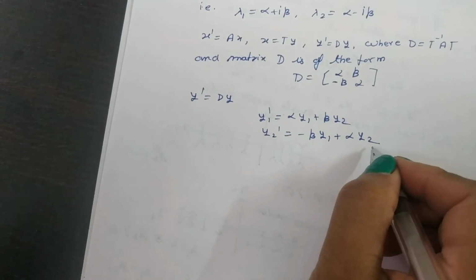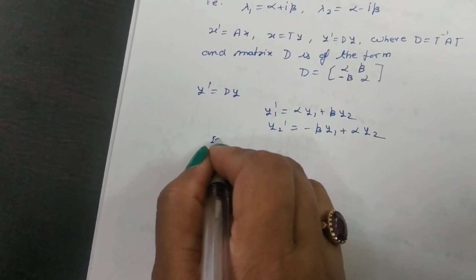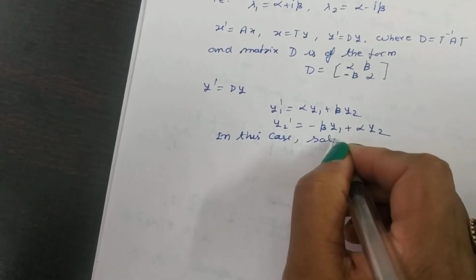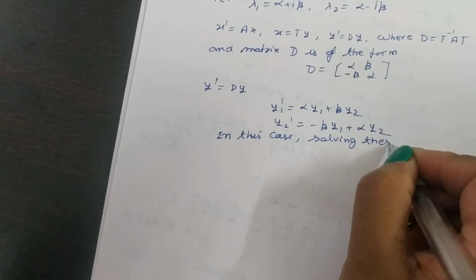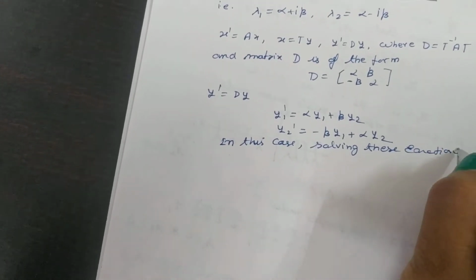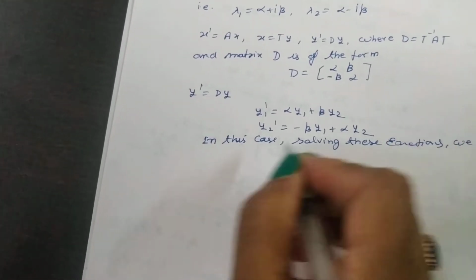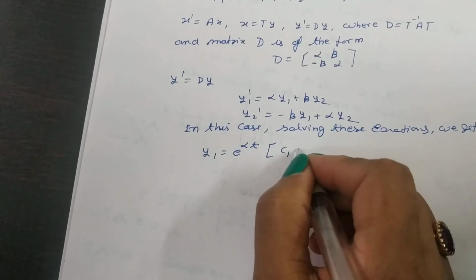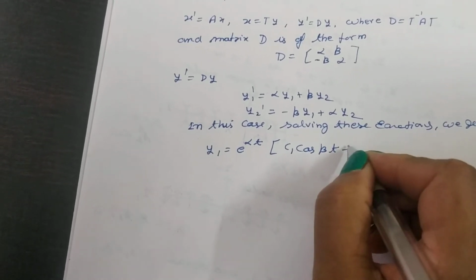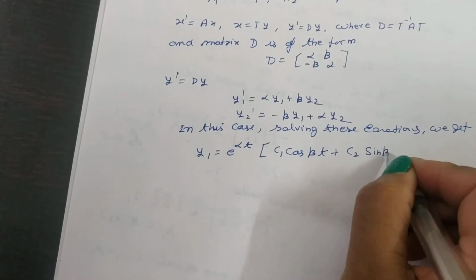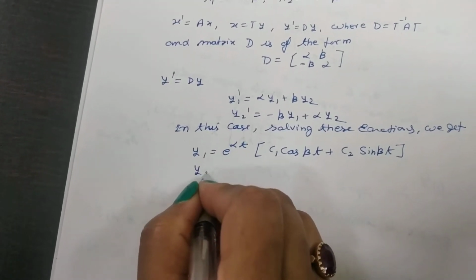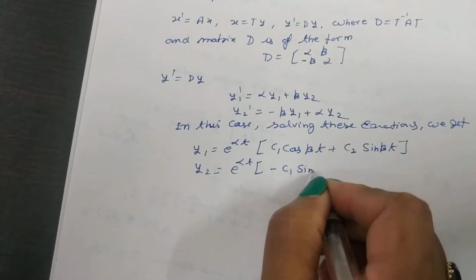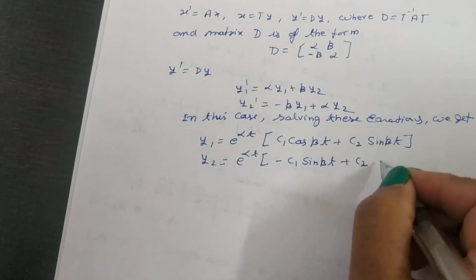Solving these equations, we get y1 is equal to e to the power alpha t times (c1 cos beta t plus c2 sin beta t), and similarly y2 is equal to e to the power alpha t times (minus c1 sin beta t plus c2 cos beta t).